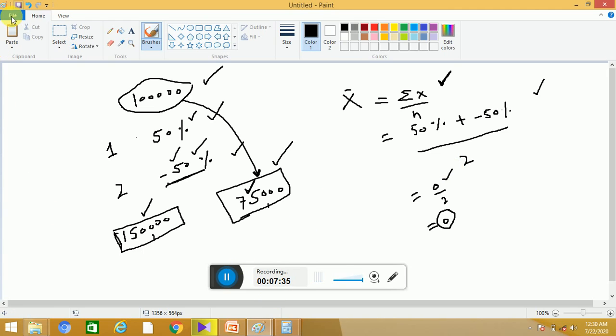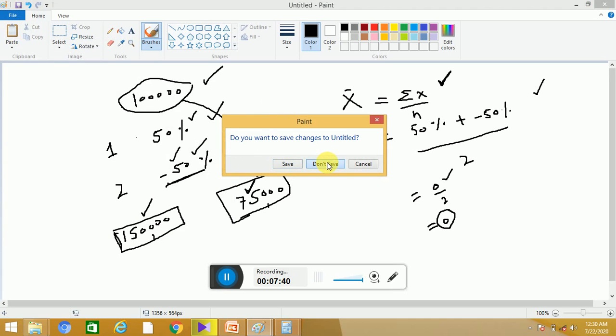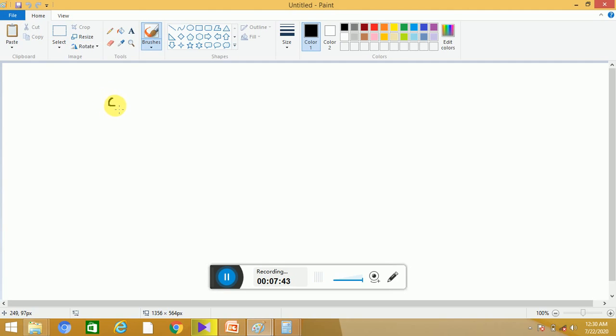Now come to geometric mean. One plus total return 1. First year there is a profit of 50%. Then second year there is a loss of 50%.